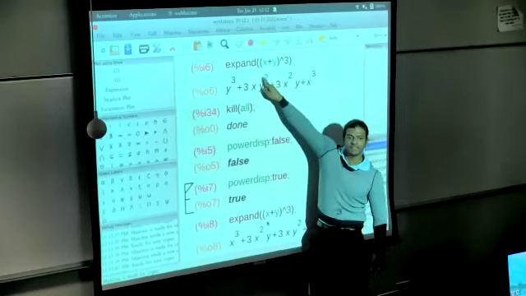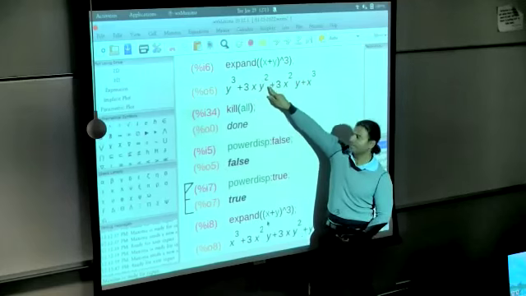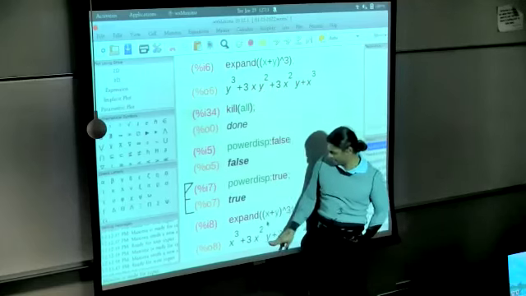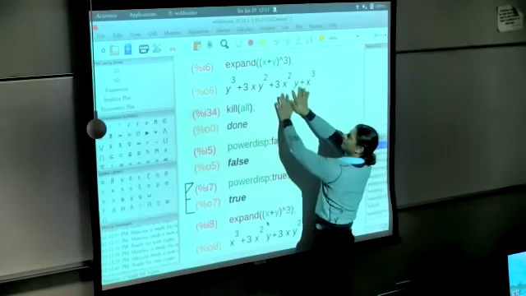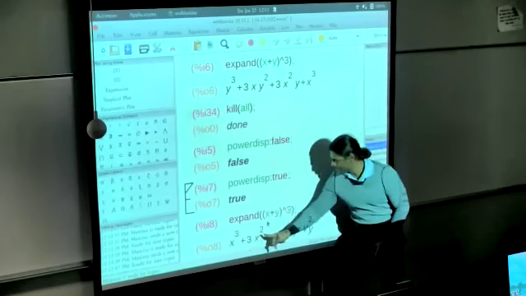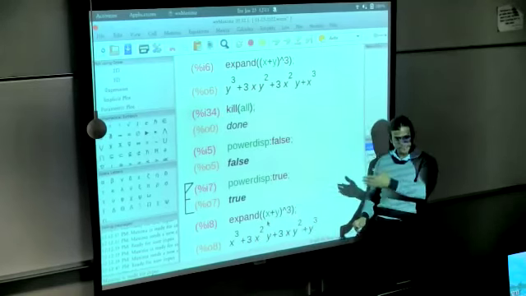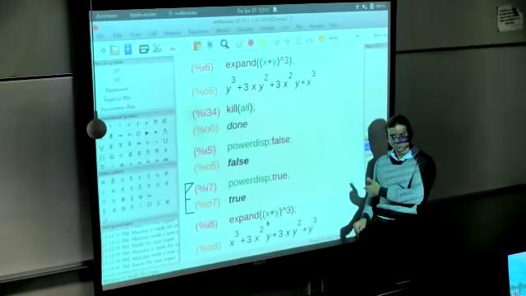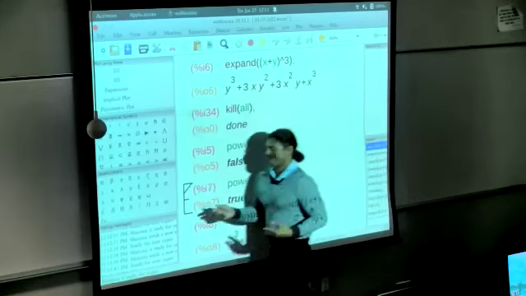We're doing it in terms of powers, right? Even though it is x, y, I move this term over here, that term over there, so that the powers of x decrease, right?